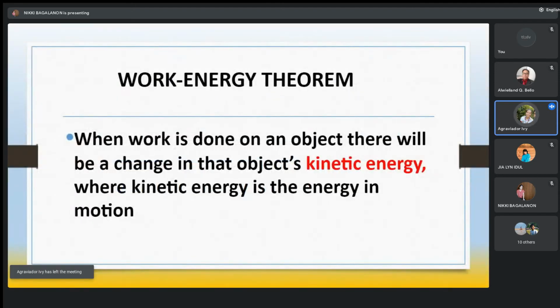Next slide. In the work energy theorem, when work is done on an object, there will be a change in that object's kinetic energy, where kinetic energy is the energy of motion. So if an object moves, it has kinetic energy.